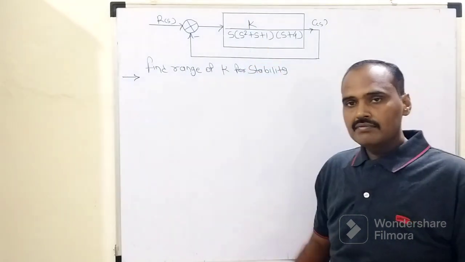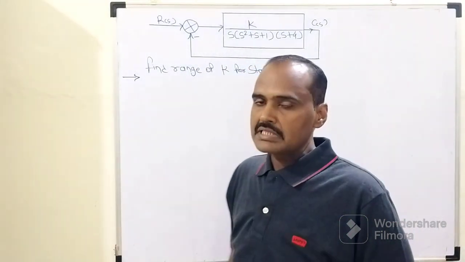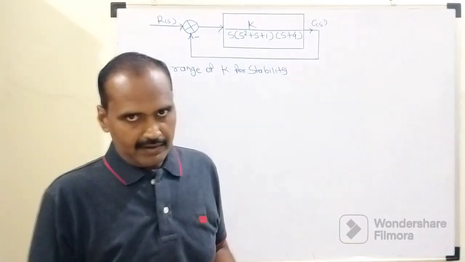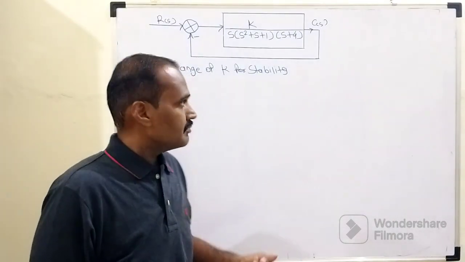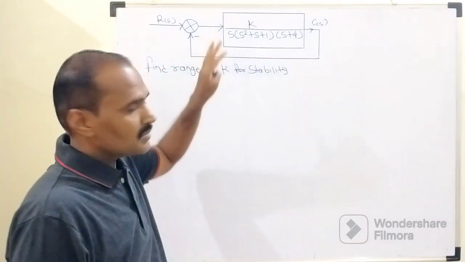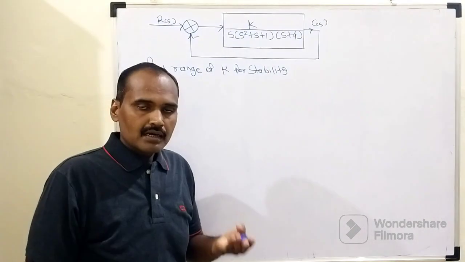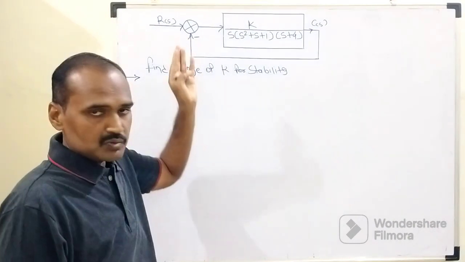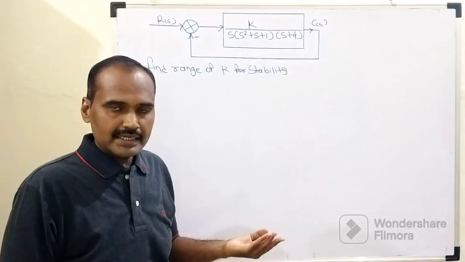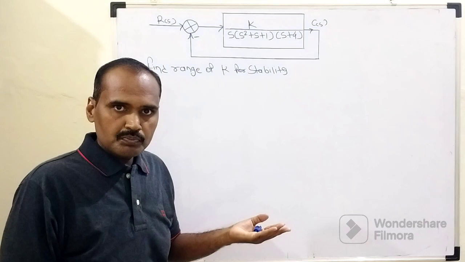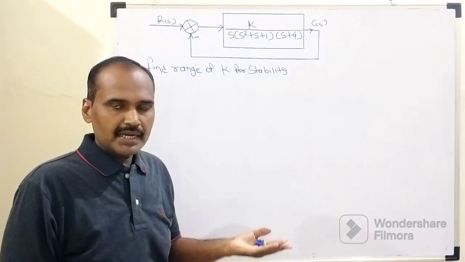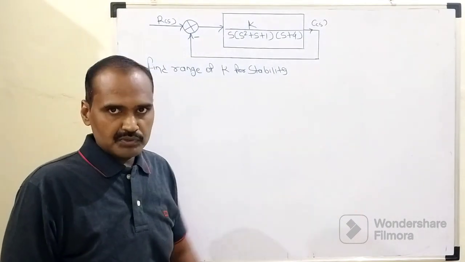So this entire term written within the rectangular box is nothing but the forward path gain, and the feedback gain is a unity gain feedback. What type of feedback do we have here? As we have the negative sign, we know that it is a closed loop control system with unity feedback, which consists of negative feedback.